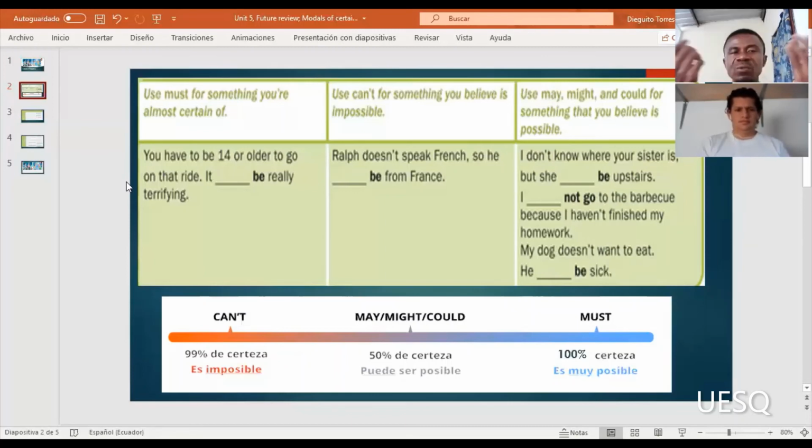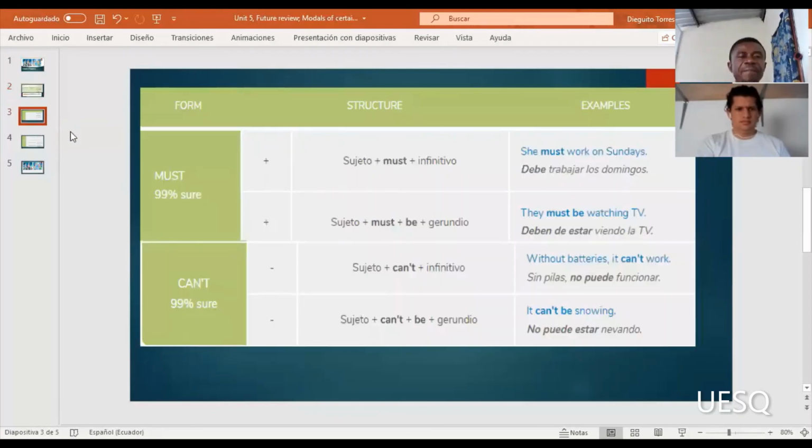Then we went through the formula, how we use them: the subject comes first, then the modal verb plus infinitive, or subject, modal verb plus be plus the infinitive. Then the negative form: the subject plus the modal verb in the negative form, so we have can't, cannot, or could not, plus infinitive.